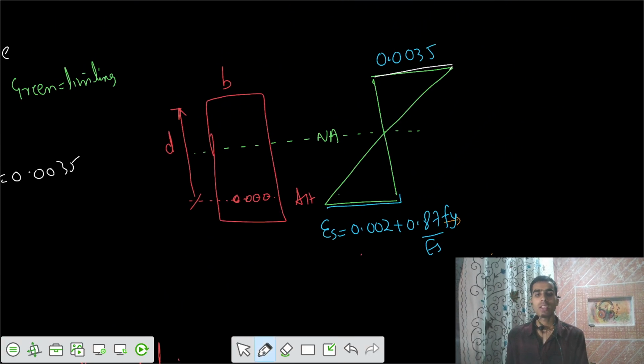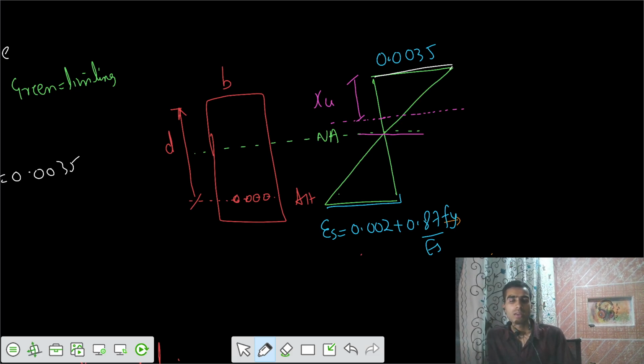If this corresponds to the limiting condition, your xu actual is somewhere here, so this one is your xu, and the neutral axis is somewhere here. Let's keep one of the sides fixed.